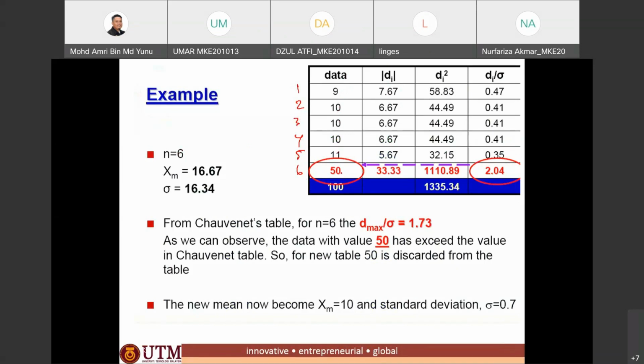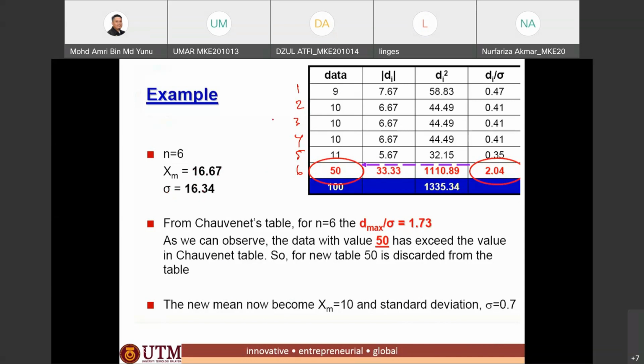Then we calculate the mean and standard deviation. So the mean is 16.67 and the standard deviation for the 6 data points is 16.34.